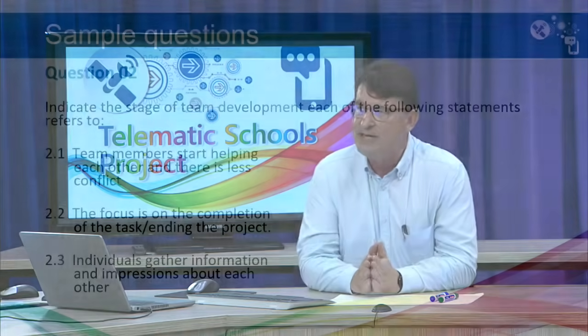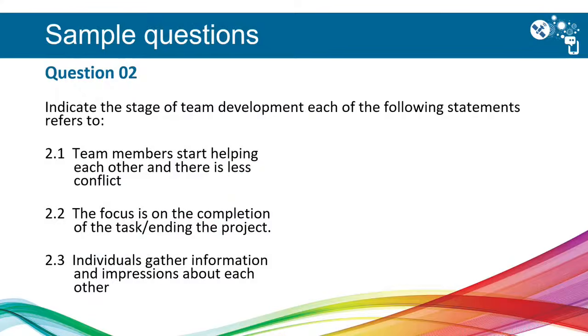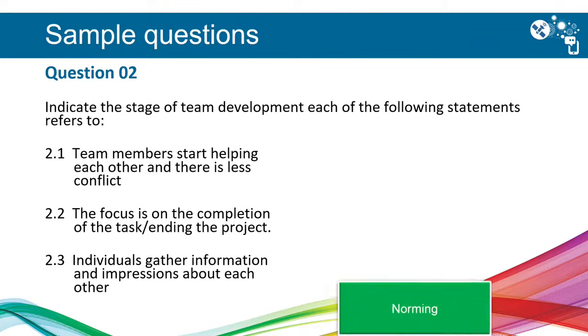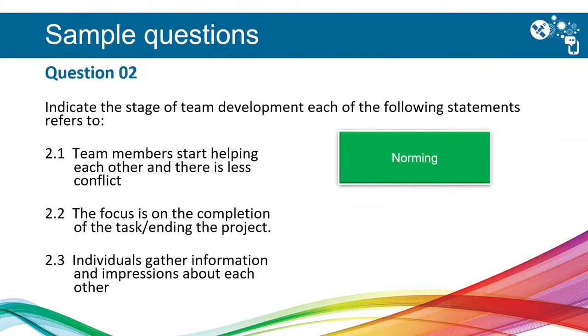So the first one says, team members start helping each other and there is less conflict. Now, guys, that less conflict and start helping each other always refers to the norming stage. You can fill that into your booklet. The focus is on the completion of the task or ending of the project.